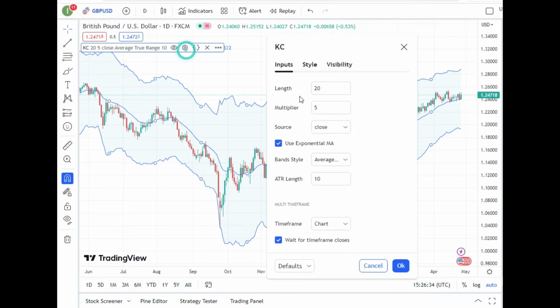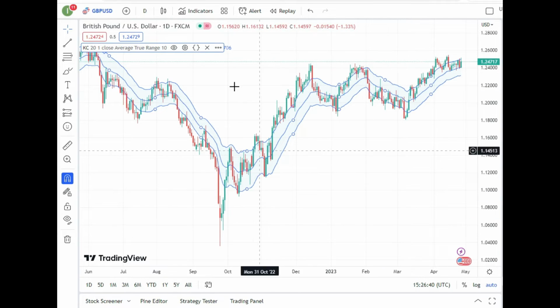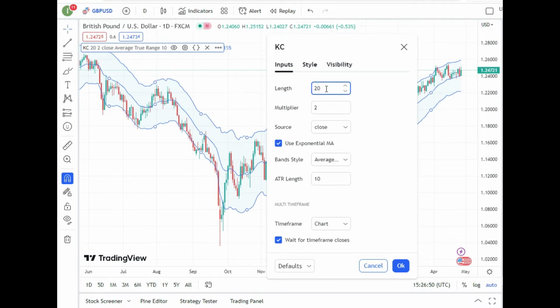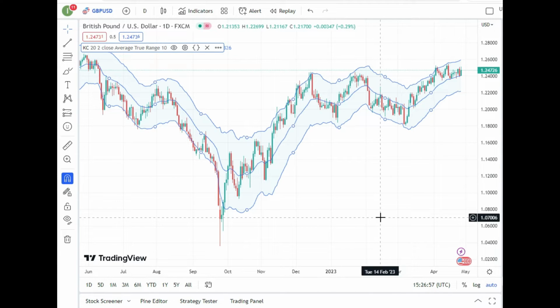However, if I put just 1, it will not be so wide. This is just an example, but by default you just need to pick two things: the multiplier to be 2 and the moving average to be 20. Very simple. So this is the basic Keltner trading channel.